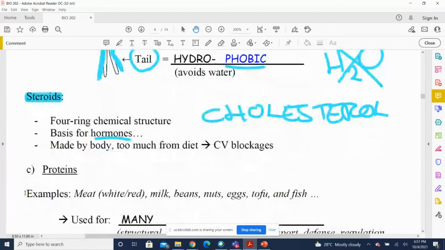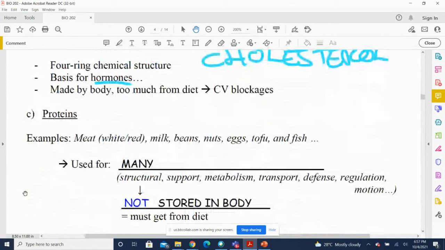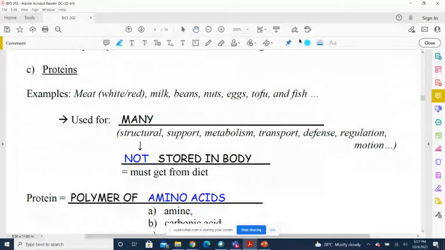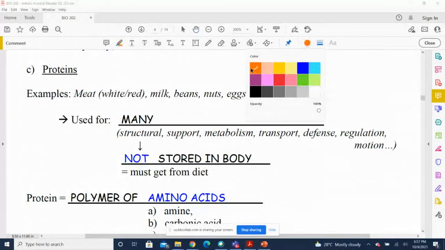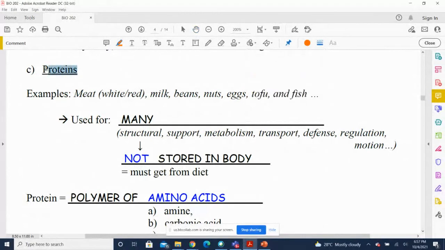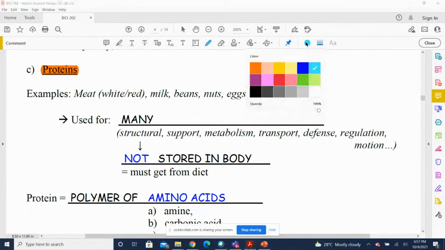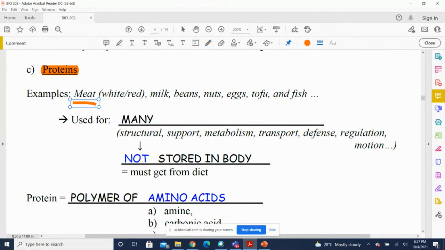Next, the third type of structure that we want to discuss is our proteins. So let's have a look at proteins and some of the sources of proteins. We'll see that it's not going to be something you wouldn't expect. Of course, meat is a great source of protein, milk as well, things like eggs, especially egg whites, tofu, and so on and so on.